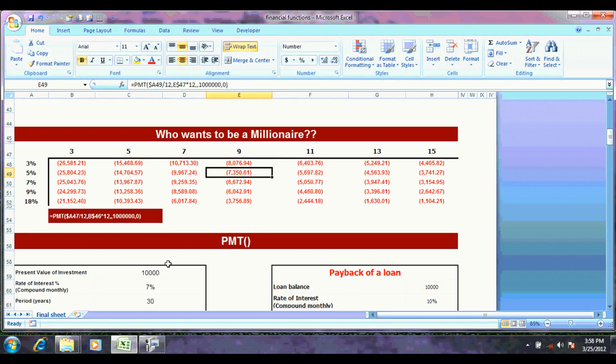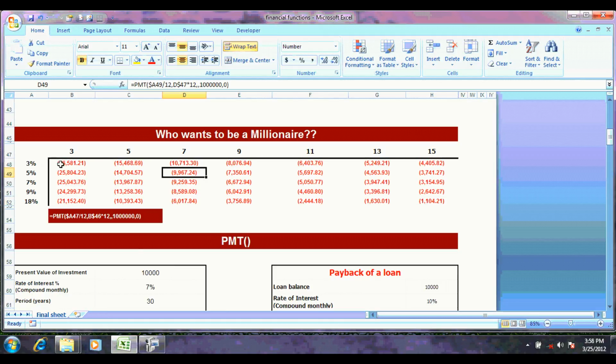Let me again explain with one more example. Suppose a person invests 1104.21 per month for a period of 15 years, and assuming his money is growing at the rate of 18%, he will become a millionaire.